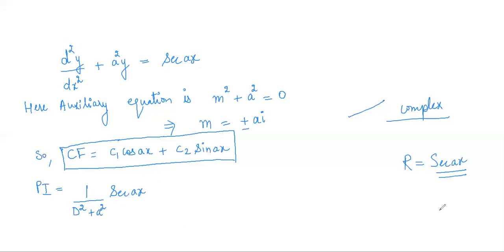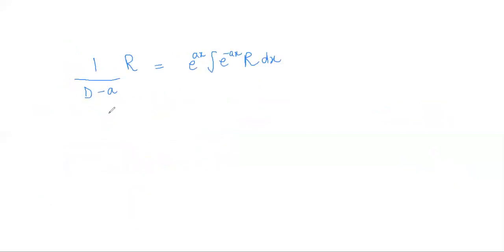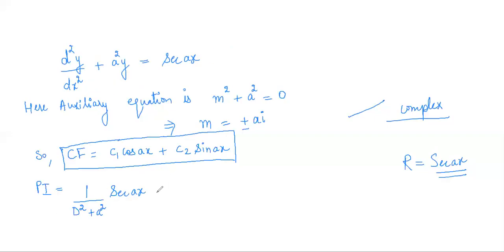Now, for applying this general rule, we need 1 upon D minus a, a linear factor. We have to find the factors here. So if I find the factors, I can write f(D) as D plus a iota times D minus a iota, and it has to be operated on r, which is secant ax.